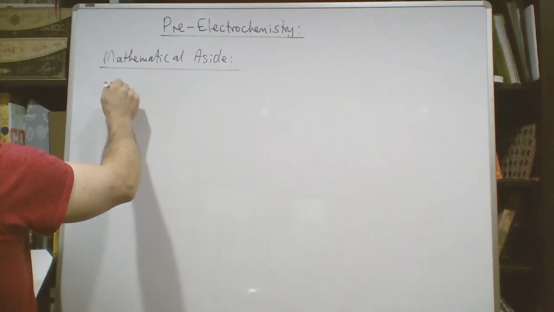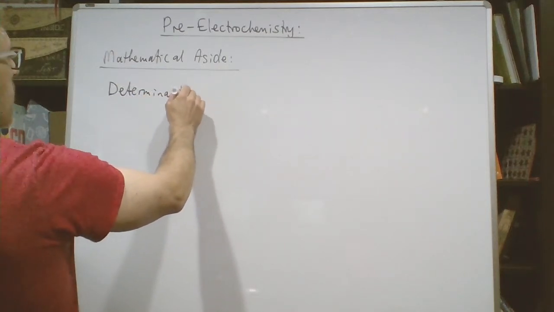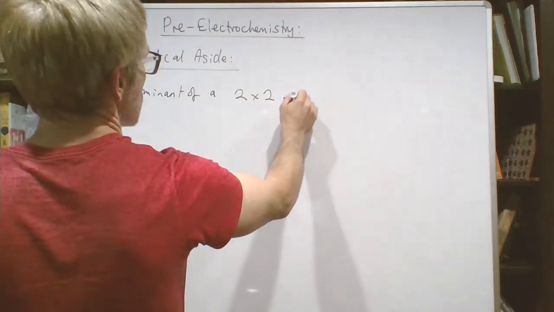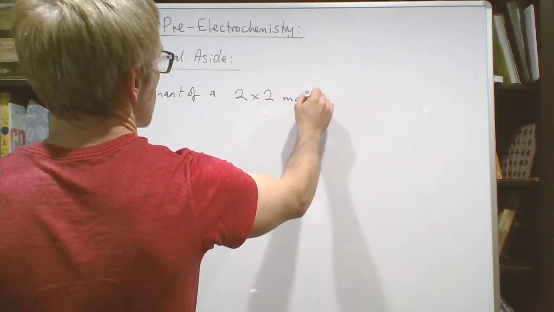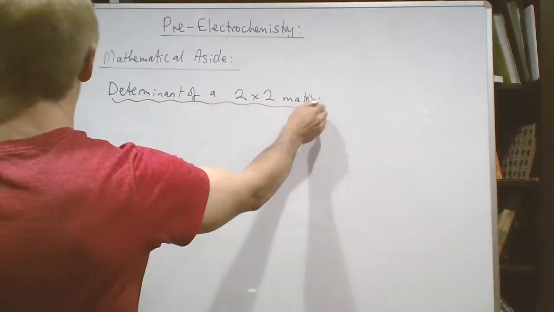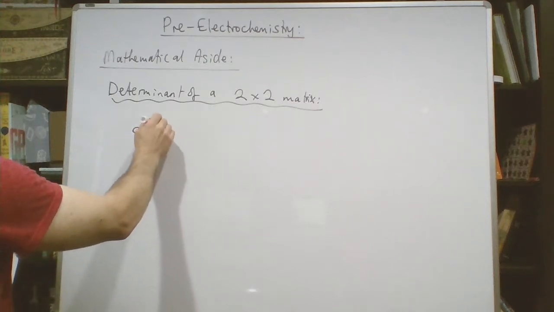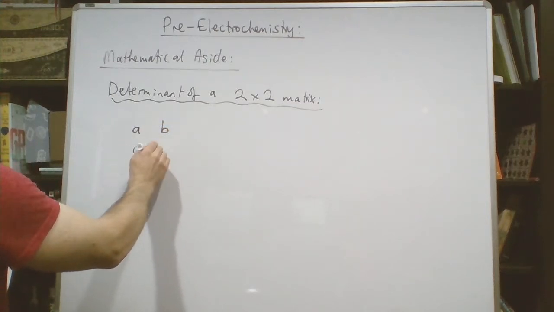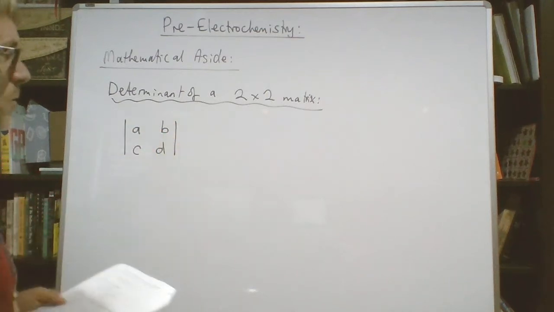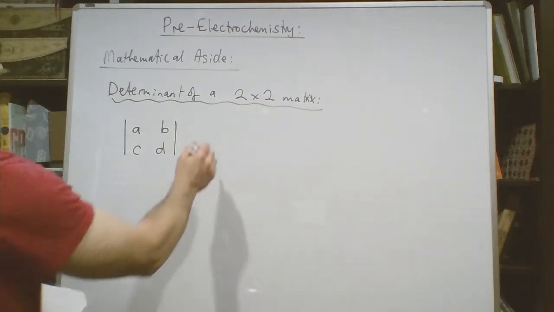So we're going to look at the determinant of a 2x2 matrix. This is the first thing we need to look at. If we take a matrix, let's say A, B, C, D, and take the determinant, we put it in parallel lines to represent that we need to take the determinant.